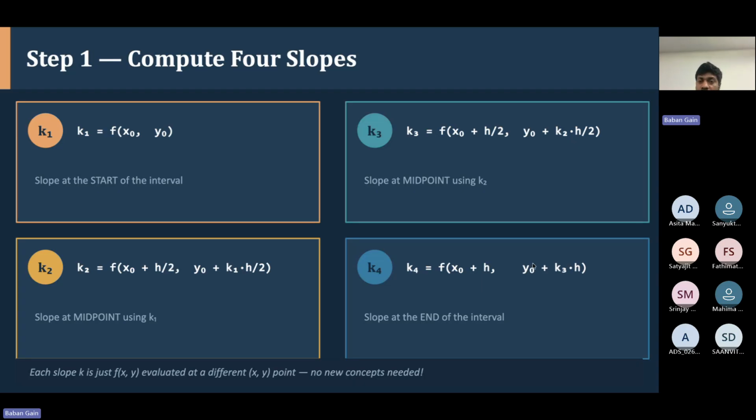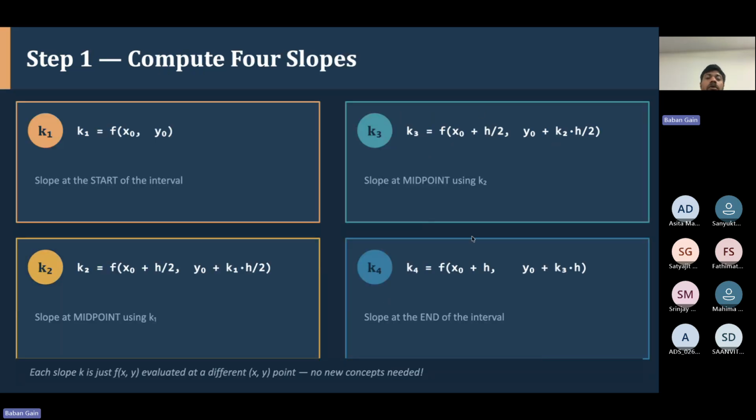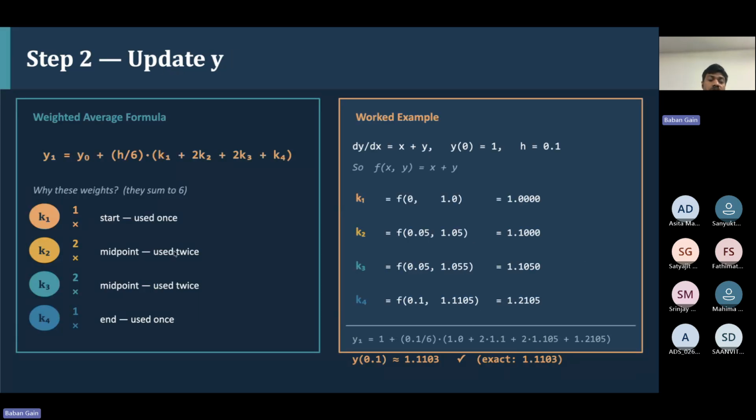It will be more clear from there. But these are the basic formulas that you need to consider. And after you get all the values K1, K2, K3, K4, you have to calculate with this formula: y0 plus h divided by 6 multiplied by K1 plus K4 plus 2 into K2 plus 2 into K3.